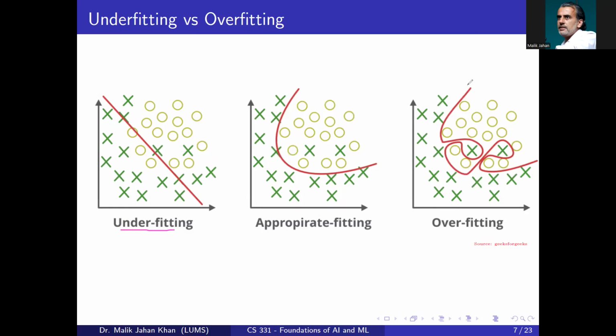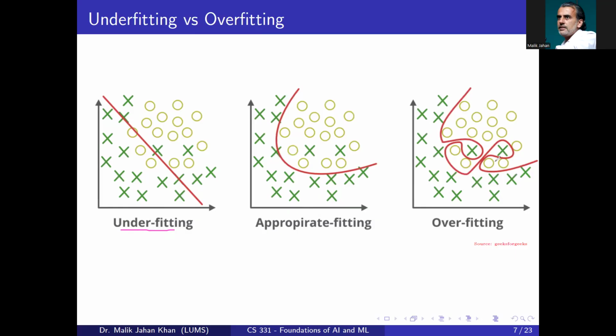Now if we jump to the figure on the rightmost side, that's the opposite thing: there's a complex learning happening over here. The separation between the items of the two classes is being done at a very fine-tuned level. It's very close to memorization. So the model is getting overcomplex, and you can see that in the shape of the red line, which separates the data items of the two classes. It fits so cleanly to the data provided for training that it ends up with practically zero training error.